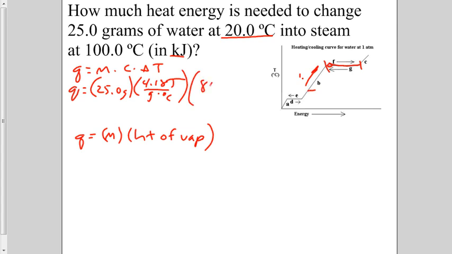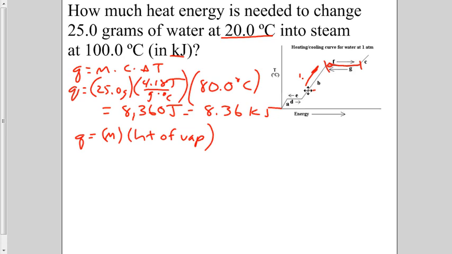And so that is going to be a value of 80.0 degrees Celsius. And all that is going to come out to 8,360 joules, which will equal 8.36 kilojoules. That gets us from the 20 degrees to 100.